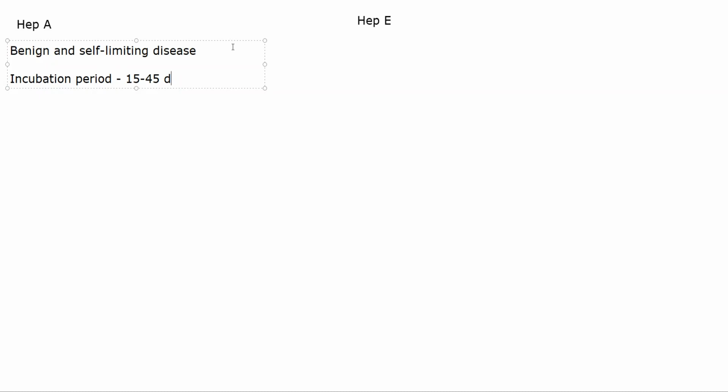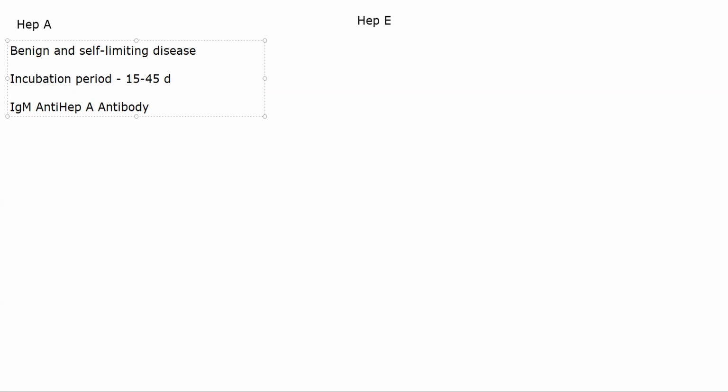All right. Coming to the serological markers that you see, specifically you'll be able to see IgM type of antibodies, right? IgM anti-hepatitis A antibody. You'll be able to see this appears in serum at the onset of symptoms.